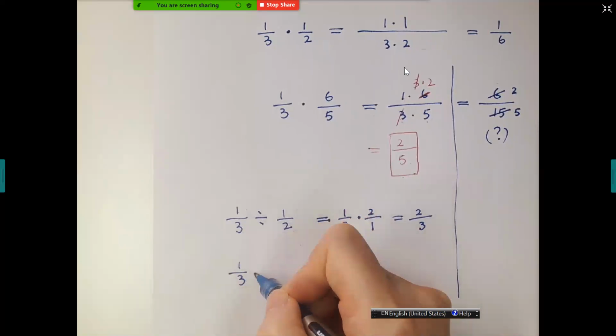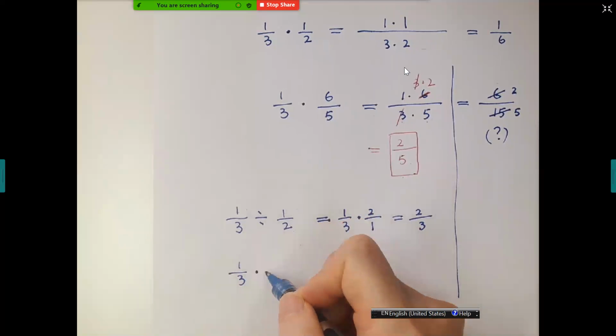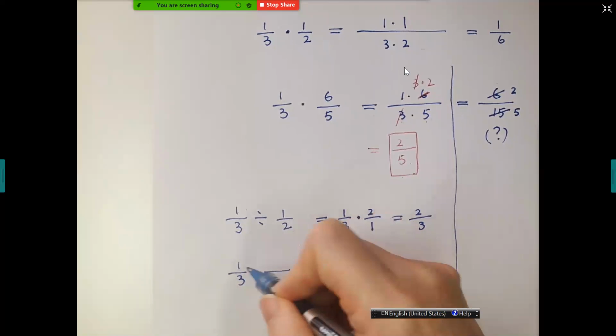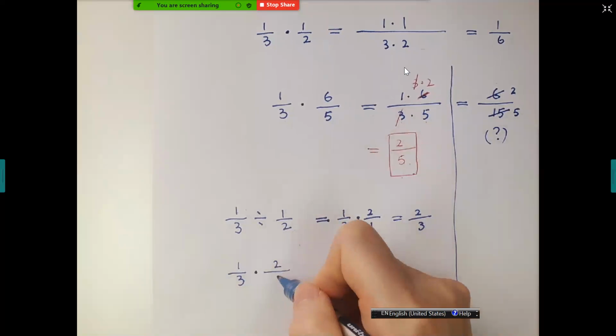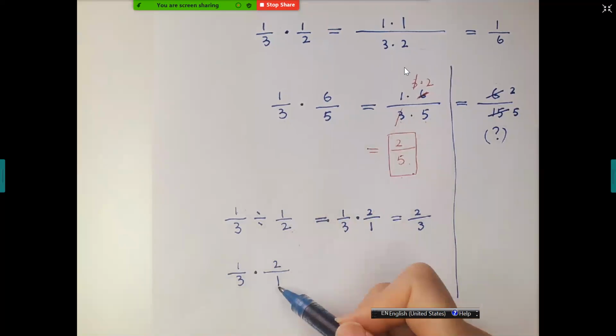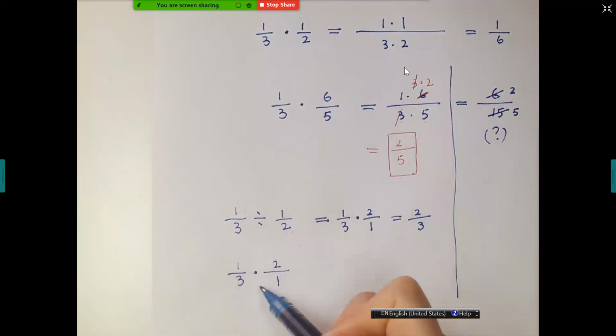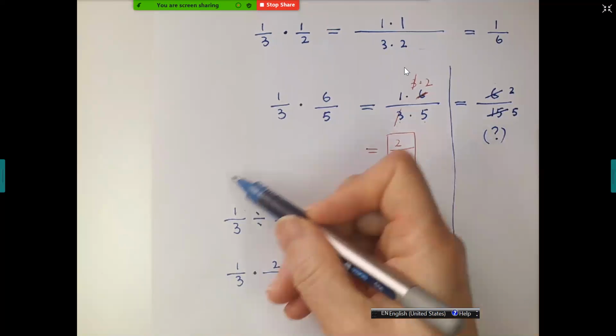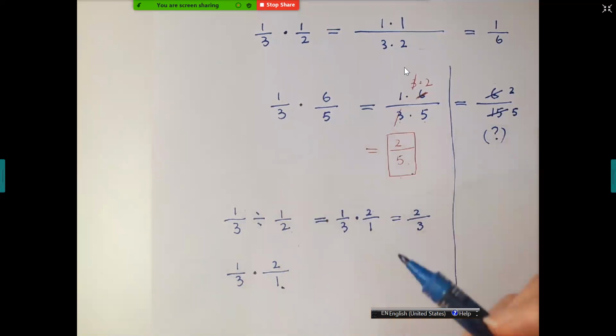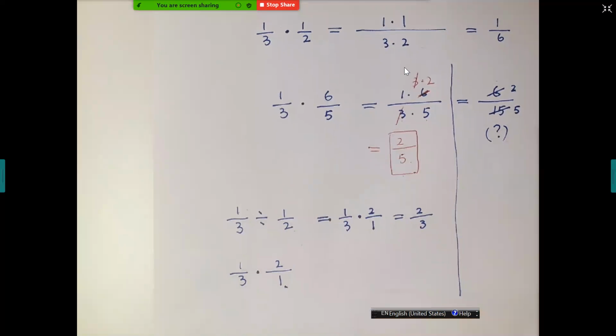This division turns into multiplication. Then flip the second number over, 2 over 1. Now the next thing we do is work on the multiplication: numerator times numerator, denominator times denominator. And this rule can be applied to rational expression division.